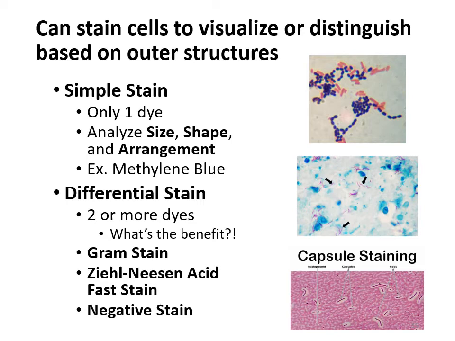The second example of a differential stain here is the Ziehl-Neelsen acid-fast stain. I want you to put a star next to that and write down TB, as in tuberculosis, and leprosy.